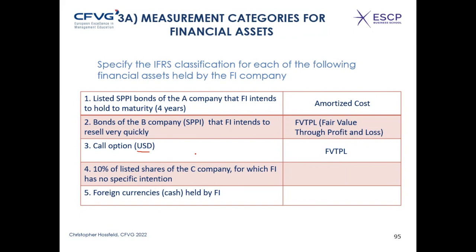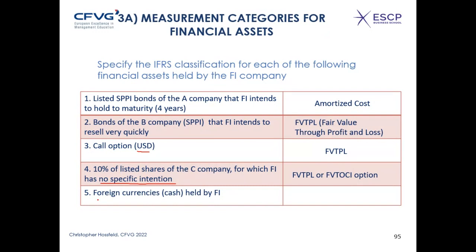Yes, is possible. But is it mandatory to use fair value through profit and loss? Not necessarily. I have also the fair value through OCI option. So here, fair value through profit and loss is the default category. I could use the option because here I have no specific intention. That means it could be a strategic investment. It's not for trading, otherwise the intention would be clear. So it's a longer term. That means potentially it's OCI.